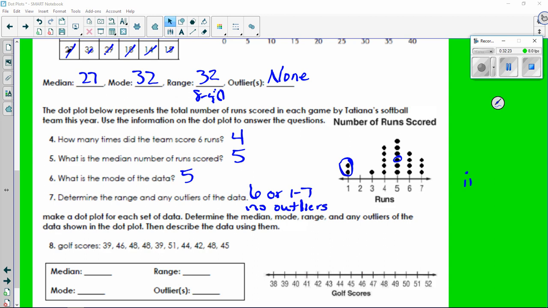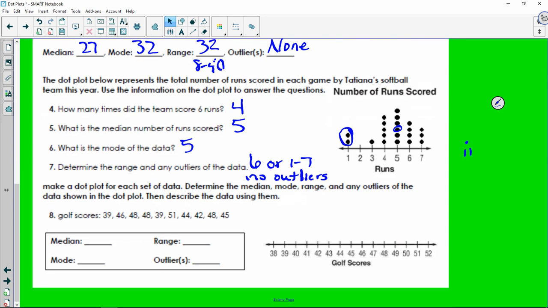Let me build my dot plot real quick. So I've got 39, 46, 48, 48, 39, 51, 44, 42, 48, and 45.